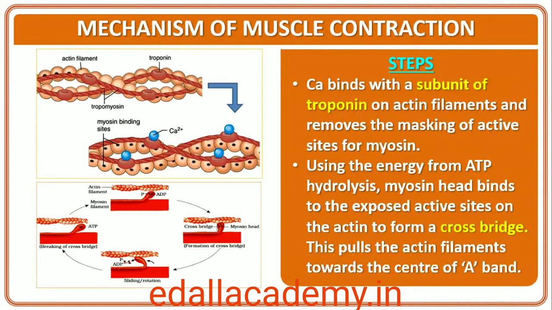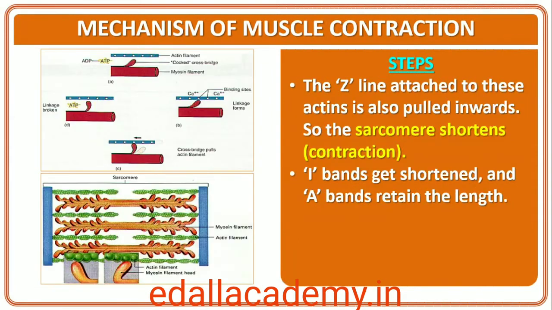This pulls the attached actin filaments towards the center of A band. The Z-line attached to these actins are also pulled inwards, thereby causing a shortening of the sarcomere, that is, contraction. It is clear from the above steps that during shortening of the muscle, that is, contraction, the I bands get reduced, whereas the A bands retain the length.